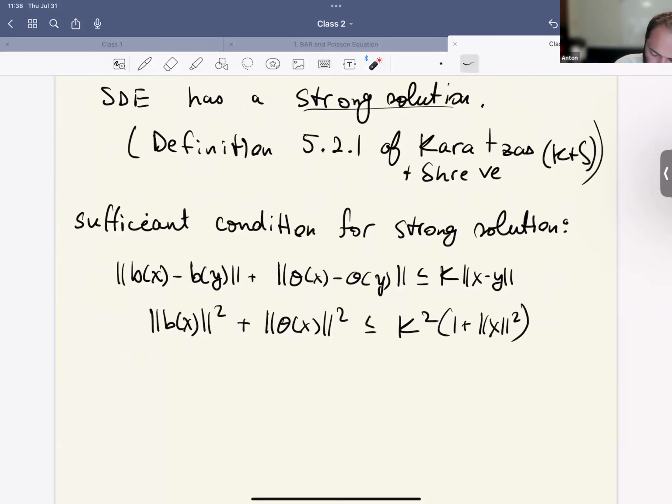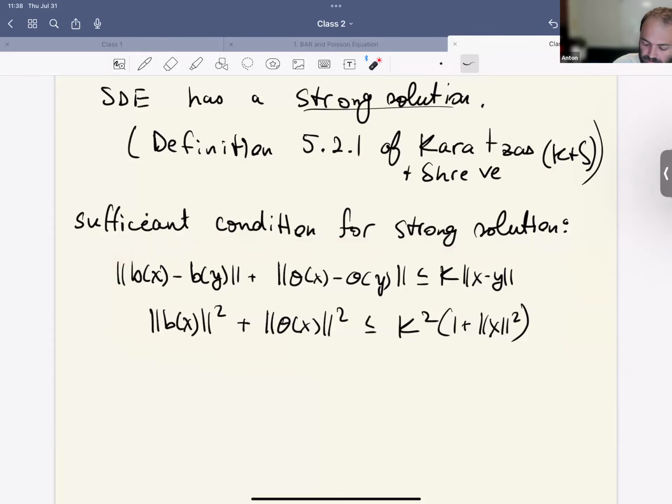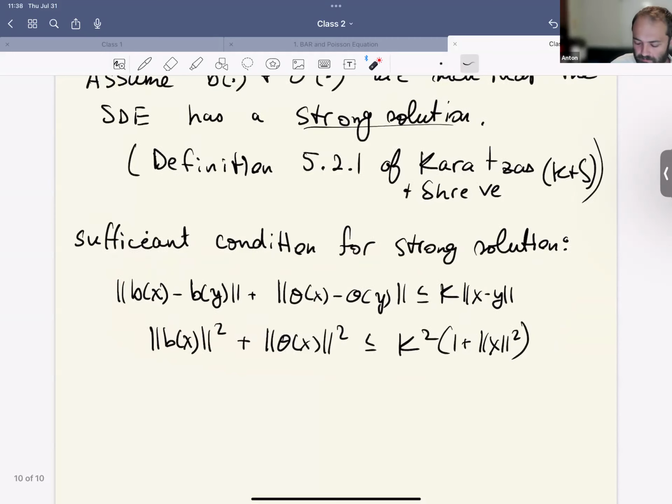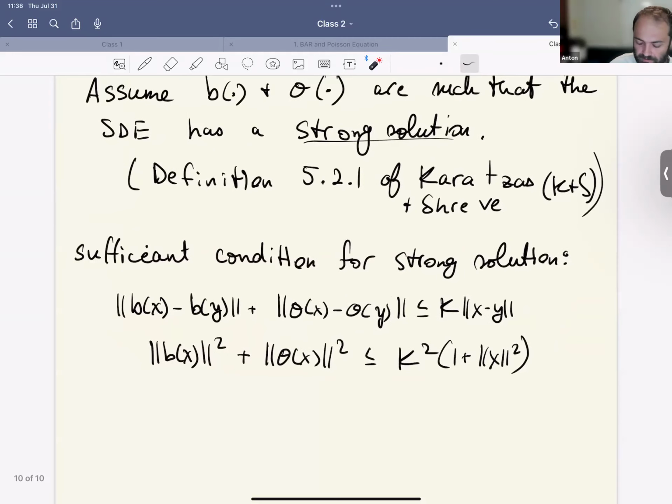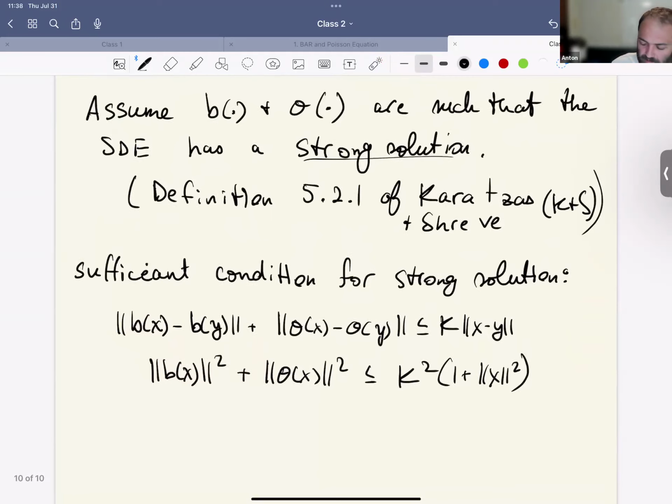So this is one sufficient condition. And basically you see that if the drift b and the dispersion matrix sigma are Lipschitz, then everything holds. So this is what I meant last class. It'll all boil down to basically assuming that the primitives are Lipschitz. So, okay, we assume that. Maybe a comment, right?